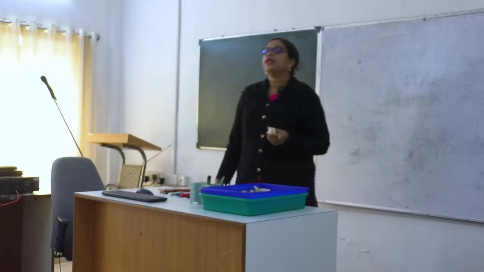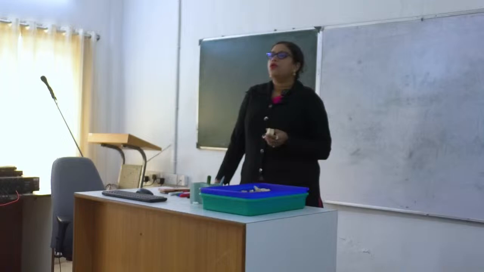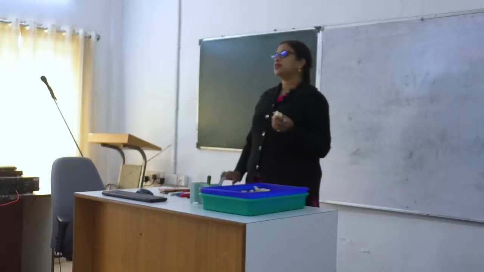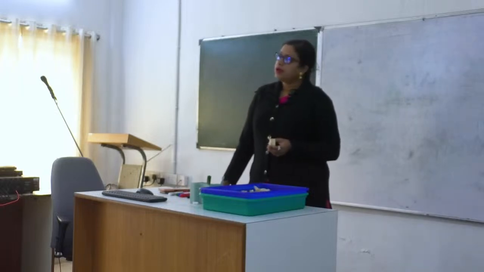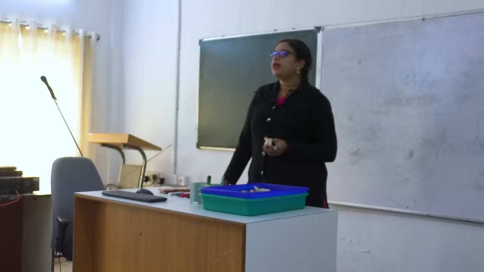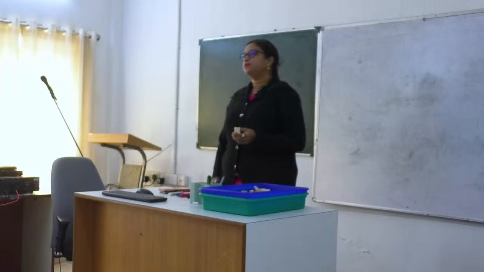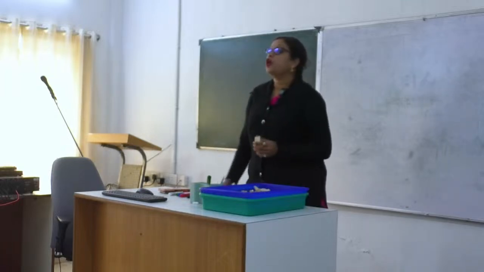For the body it will fuse at first year of life, and the vertebral arch fuses at 3 to 6 years of life. So what about the secondary centers? There are 7 and they fuse at approximately 25 years. So this is about the ossification.